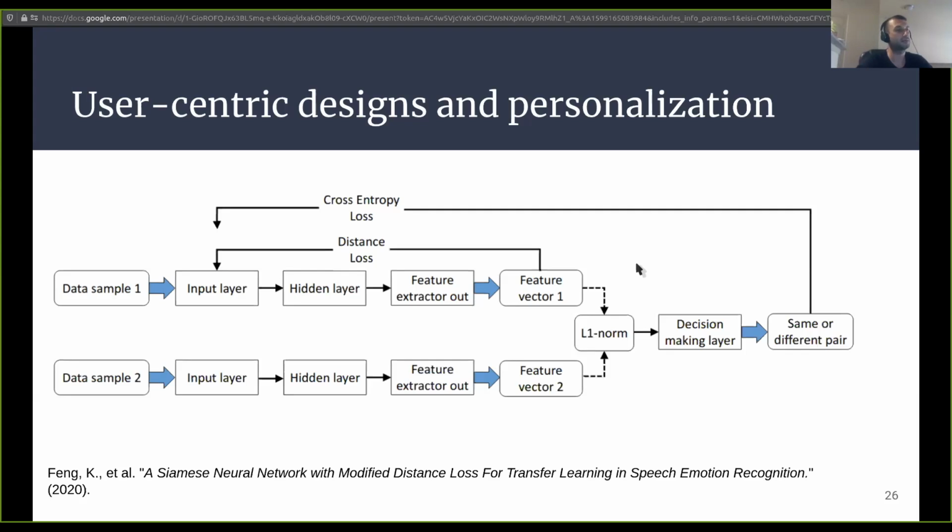And what the network tries to actually achieve is to decrease the distance between the representations of subjects belonging to the same cluster, to the same group, and increase the distance between representations of subjects belonging in different groups, thus creating unified representations, if you prefer, of subjects that have more similarities together. How do you design these clusters in the first place? Usually using some unsupervised clustering approach on some criteria depending on the task.